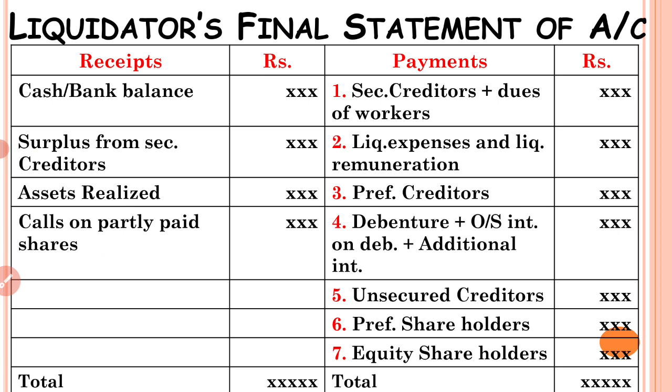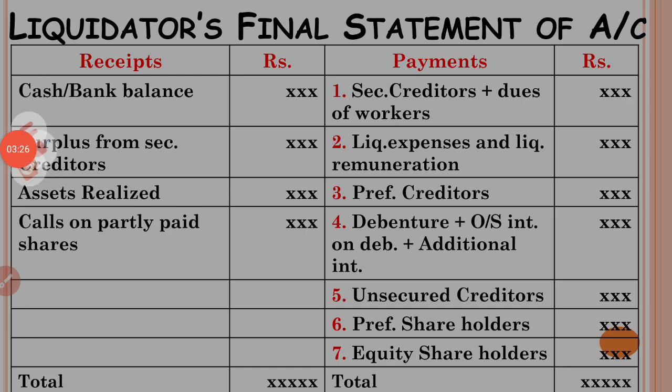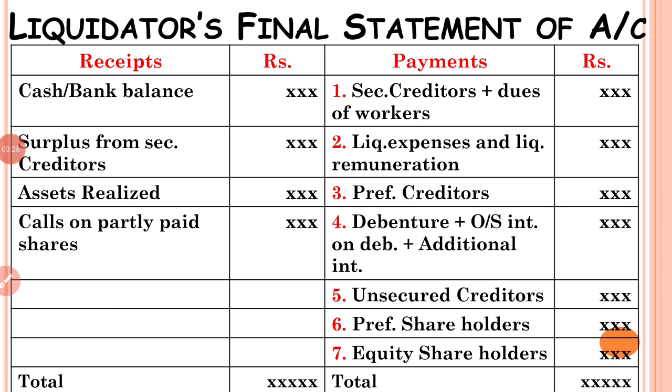First of all, we clear about the liquidator's final statement of account. For this statement, all of you know: receipts and rupees, payments and rupees. On the receipt side: cash and bank balance, surplus from secured creditors, assets realized, calls on partly paid up shares, and total.